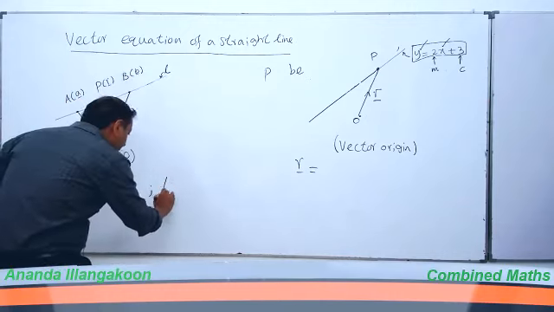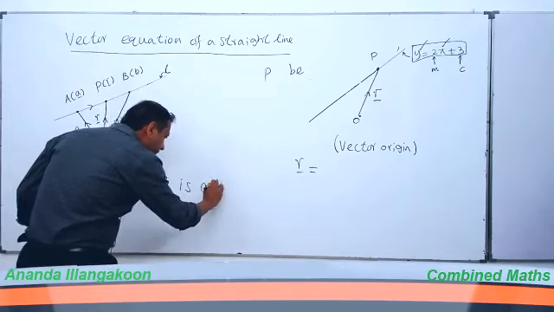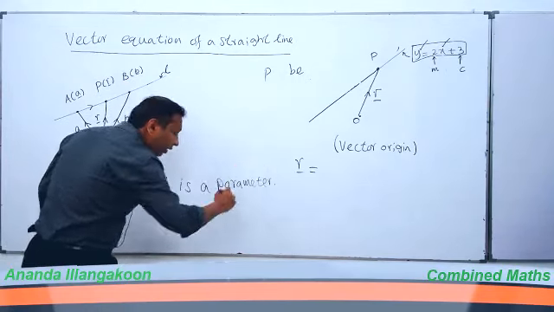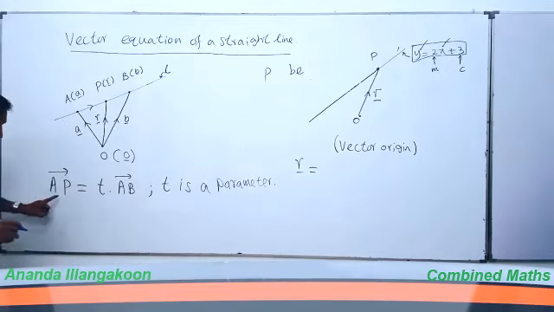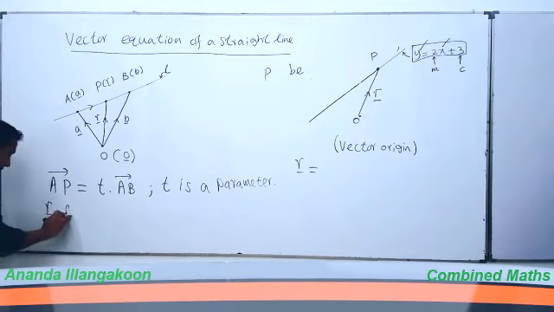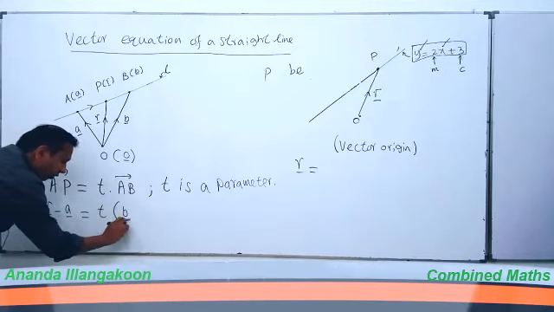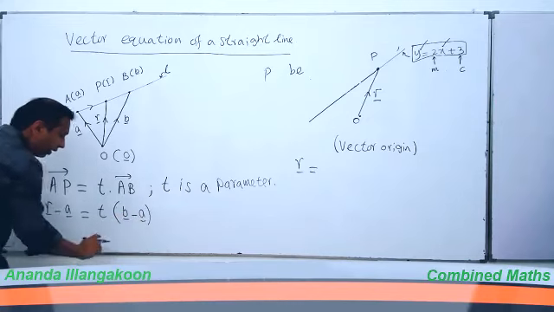T is a parameter. Now tell me people, how to write AP vector? Second letter position vector minus first letter position vector, R minus A. T times, what is this AB? AB vector you can write as second letter position vector minus first letter position vector like this.